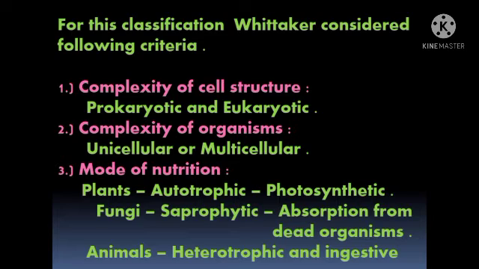So, plants prepare their own food with the help of the photosynthesis process, and such mode of nutrition is known as autotrophic. Organisms which prepare their own food are known as autotrophs.